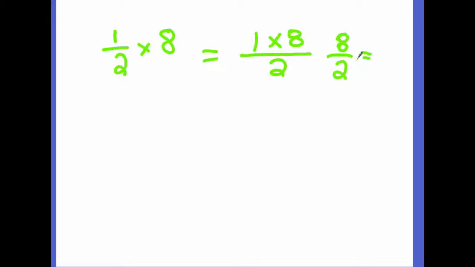How many times does 2 go into 8? 4 times. So your answer for 1/2 times 8 would be 4, because half of 8 is 4. Does that make sense? It seems strange that when you multiply, you're used to getting a larger number, but in this case, you get smaller because you're taking a fraction of it, part of it.